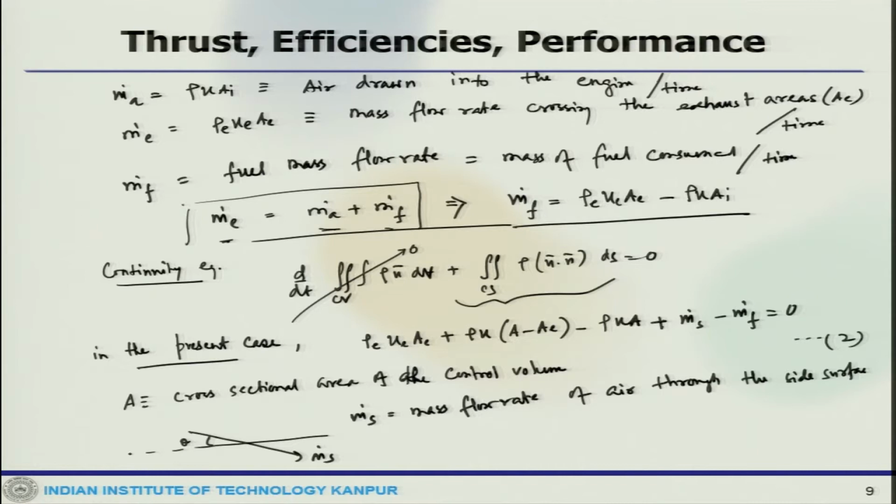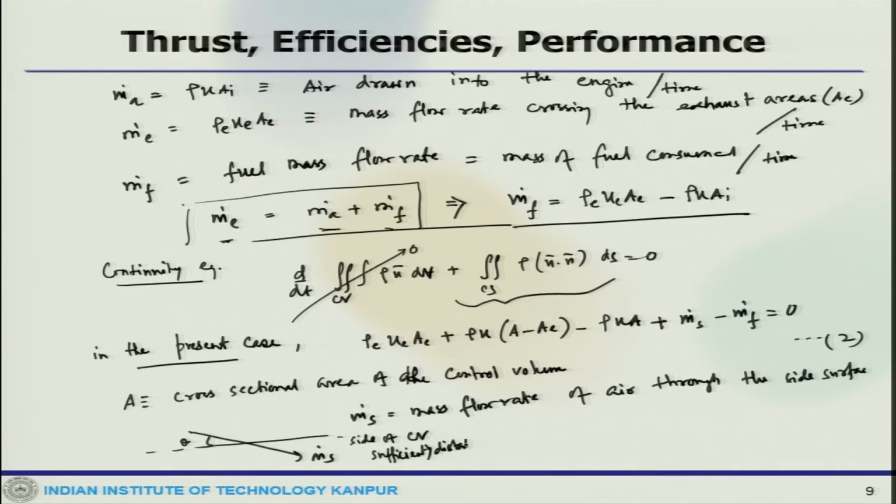Now, this is the side of the control volume, at a sufficiently distant location.